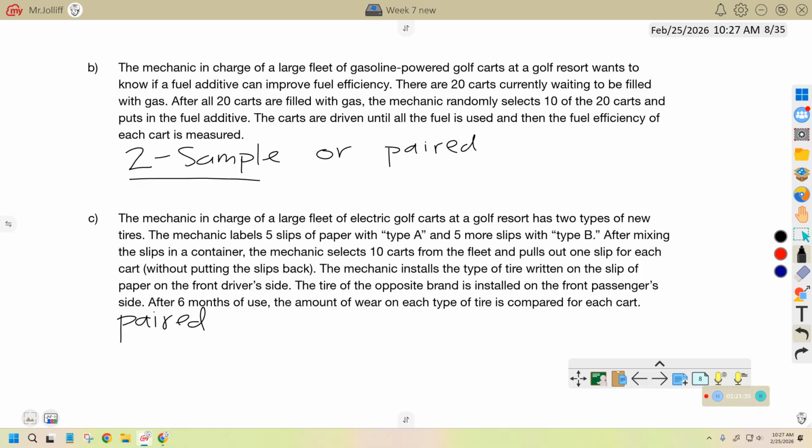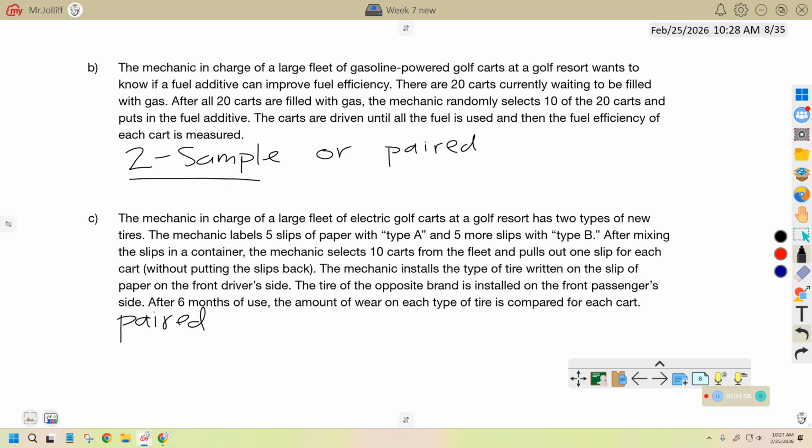Yes, I had 2 treatments. I had a fuel and then a fuel plus additive, but the data from fuel and the data from fuel plus additive were coming from 2 different carts. So yes, if I assume the carts are identical, I could run it as paired, but those 2 data points are coming from the same cart. I have to run it as paired.